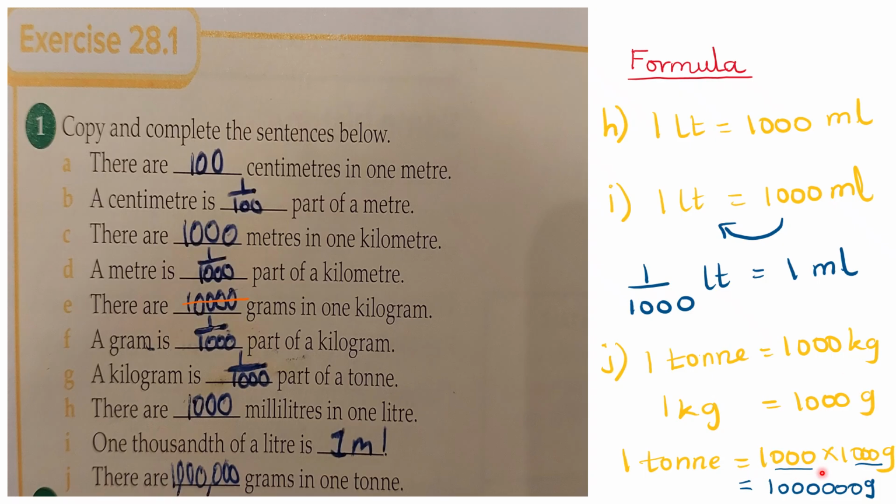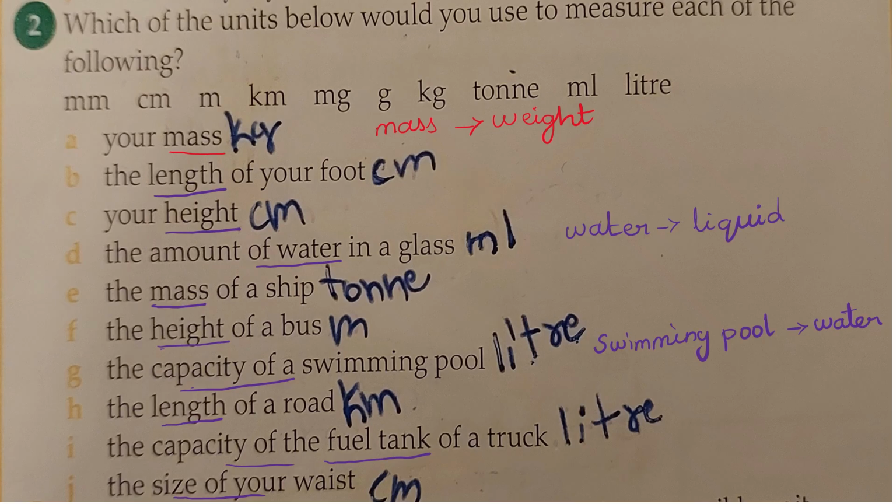Here we have 3 zeros, there we have 3 zeros. So totally we will get 6 zeros. So 1,000,000 grams. So there are 1,000,000 grams in 1 ton.